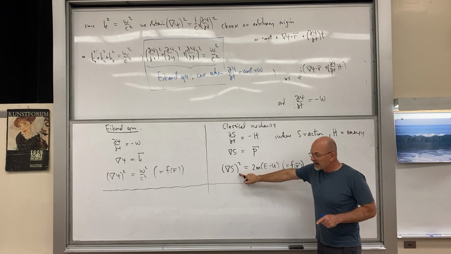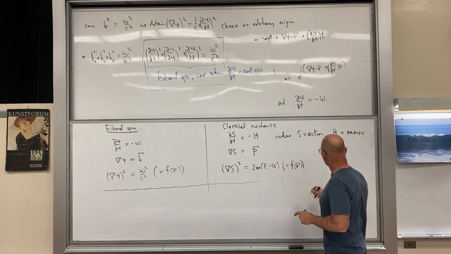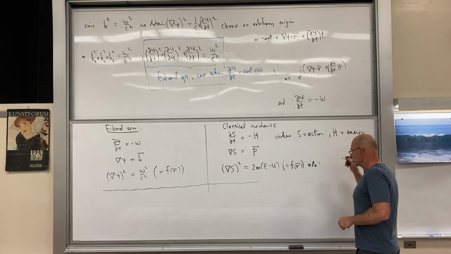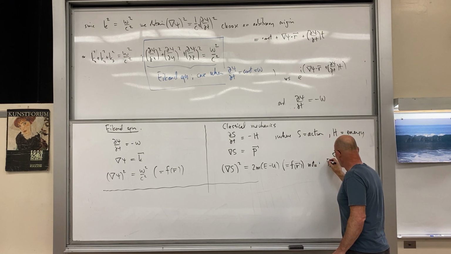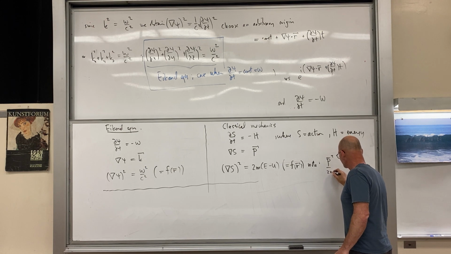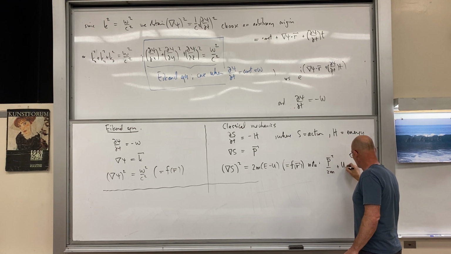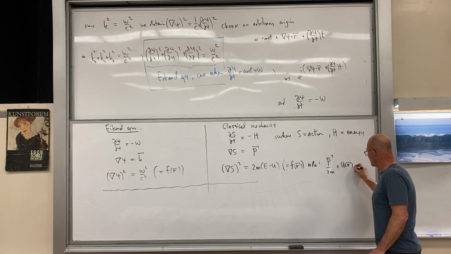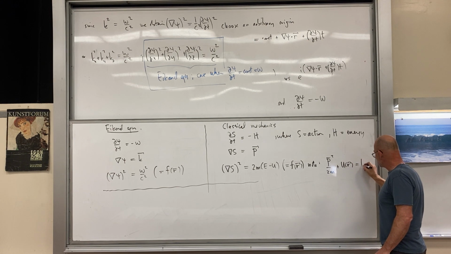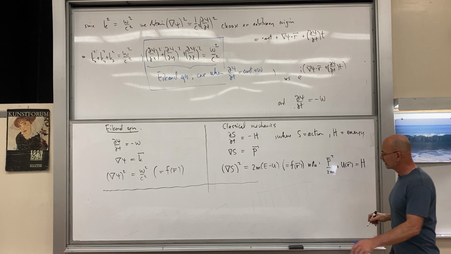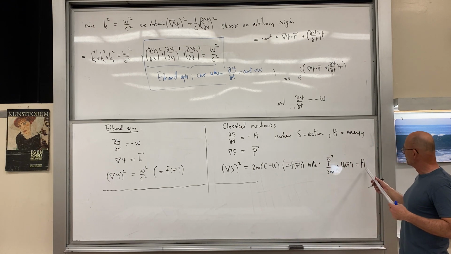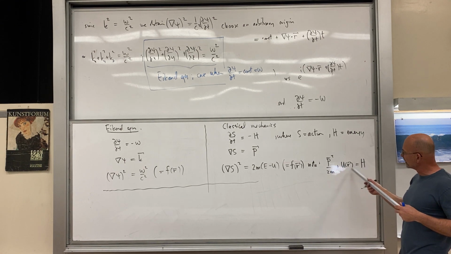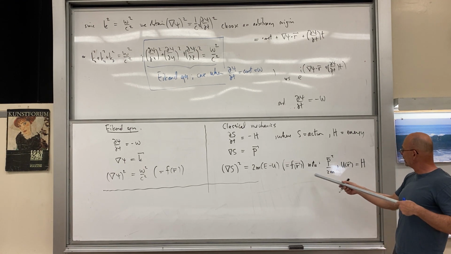Now this you may not recognize yet, so I'll put this as a note. P squared over 2m plus U of r is equal to H. This would be your one particle Hamiltonian, right? P squared over 2m plus U of r equals H, and this has just been rewritten.